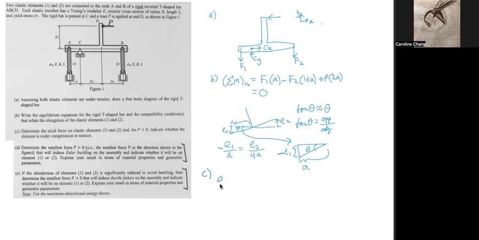So E1 is equal to F1 L1 over E1 A1, and E2 is equal to F2 L2 over E2 A2.